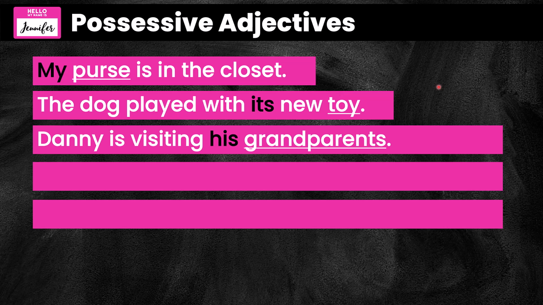Danny is visiting his grandparents. Using possessive adjectives also helps us avoid being repetitive. Instead of saying Danny is visiting Danny's grandparents, we can say Danny is visiting his grandparents.